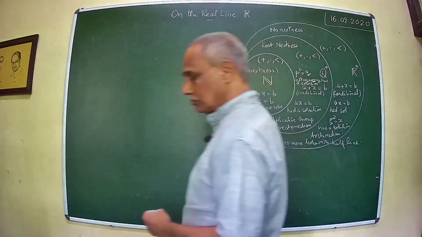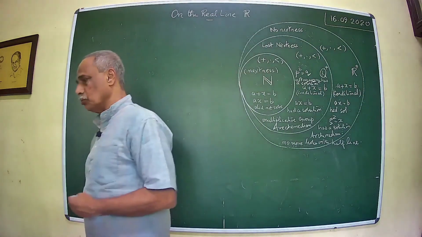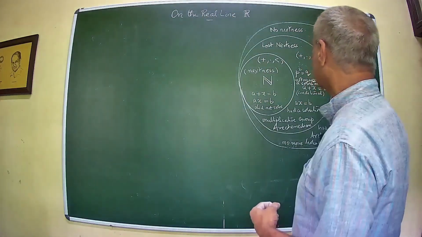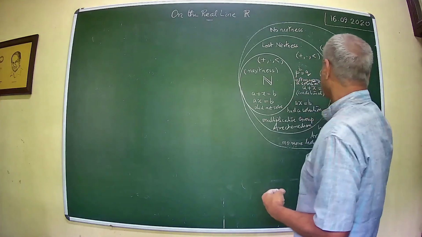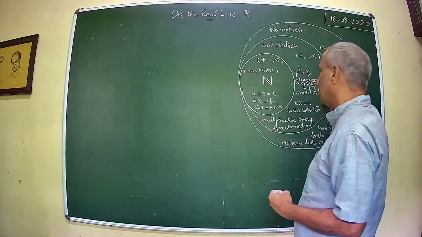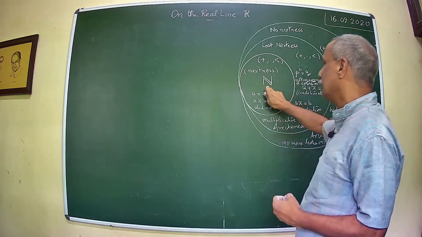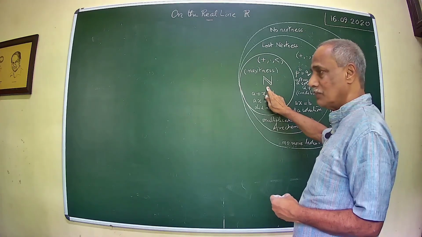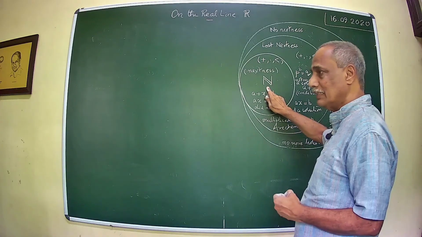Now what I want to do is to build up the whole of R, and also build up the whole of Q, and then extend N to Z. Z is the set of all integers.